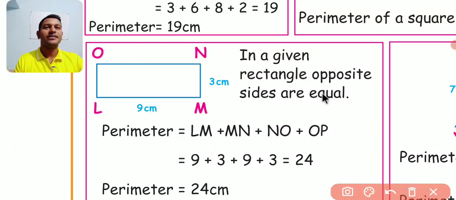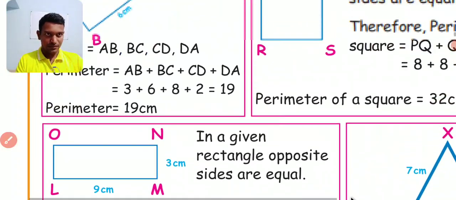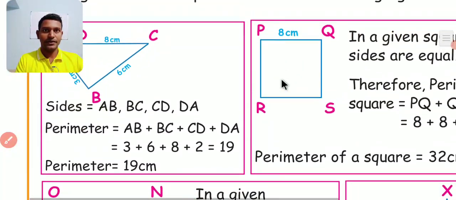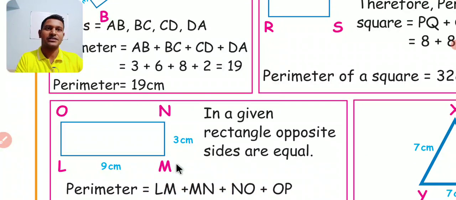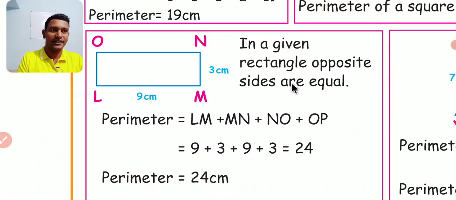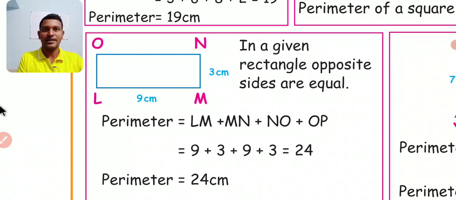In a square all 4 sides are equal, that's why they gave only one value. Here they are giving only 2 lengths, because opposite sides are equal. We have to find the other 2 lengths by using these lengths.